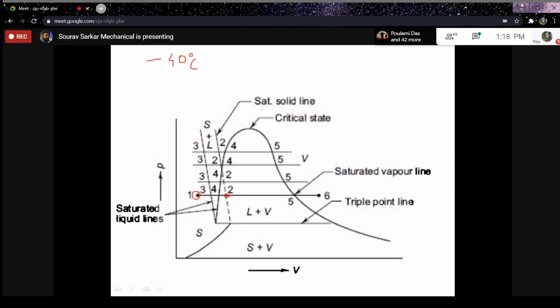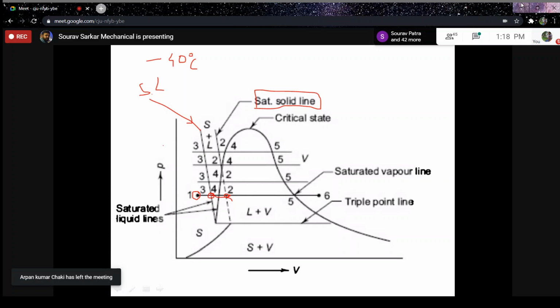So this is the saturated solid line from where the melting will start. As you are rightly pointing out, during melting the volume will contract. So it is 0 degrees Celsius ice, the volume will contract, and it will reach 0 degrees Celsius water. That is why this line is the saturated liquid line, in terms of the solidification procedure.